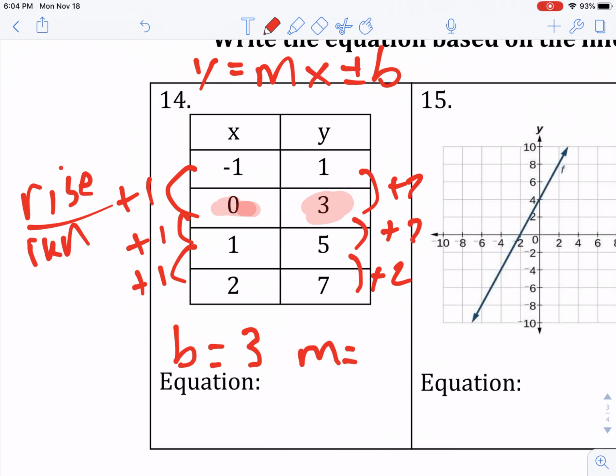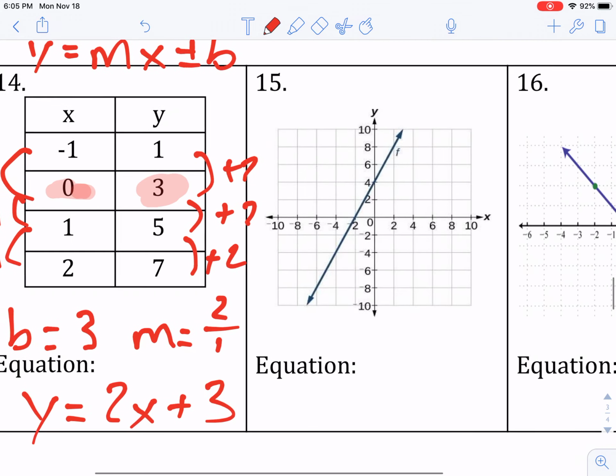So the fact that it says +2 on the y value means that 2 goes on top and 1 goes on the bottom. So the equation that you're looking to write is y equals 2x plus 3. Now the reason I got 2x instead of 2 over 1 is I can reduce 2 over 1 to just simply 2. So the equation that you're looking for is y equals 2x plus 3.